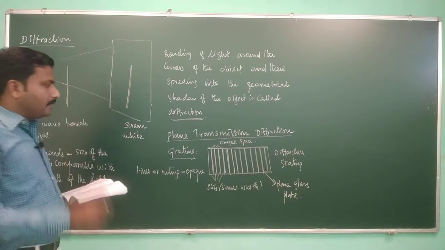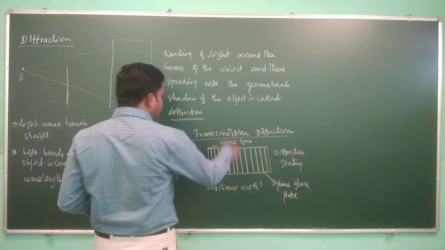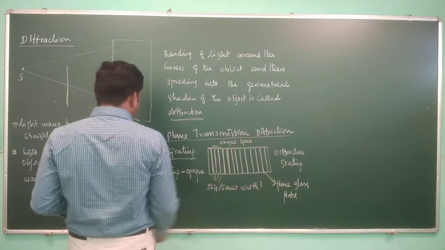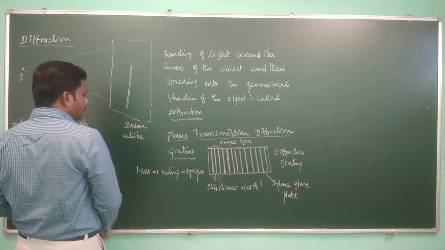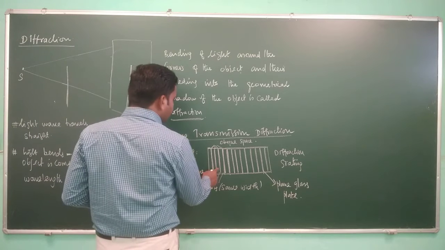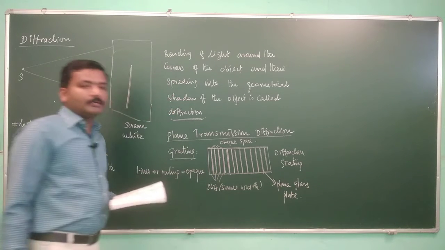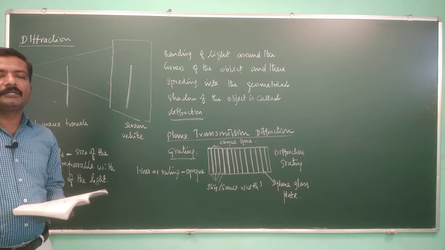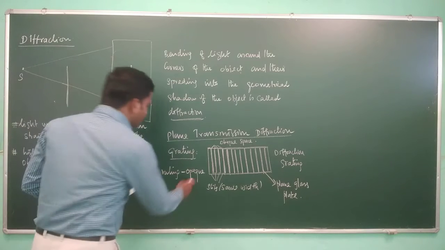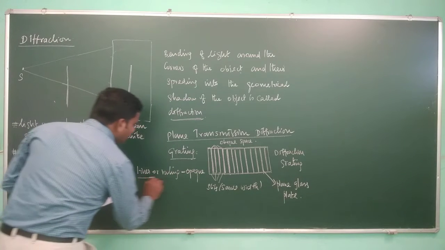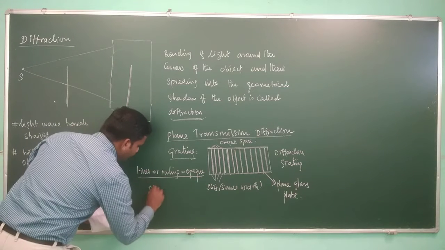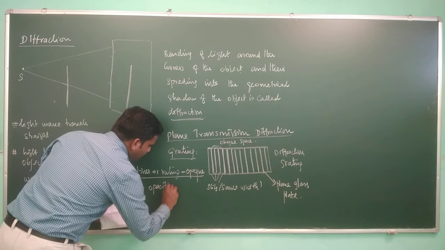This plain glass plate is ruled with a diamond pointer so that all these rulings or lines serve as the opaque part, and the spaces in between are transparent, right? Now these opaque lines, the rulings, are called opacities.